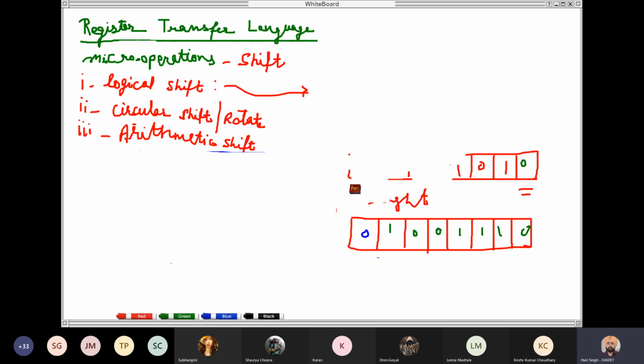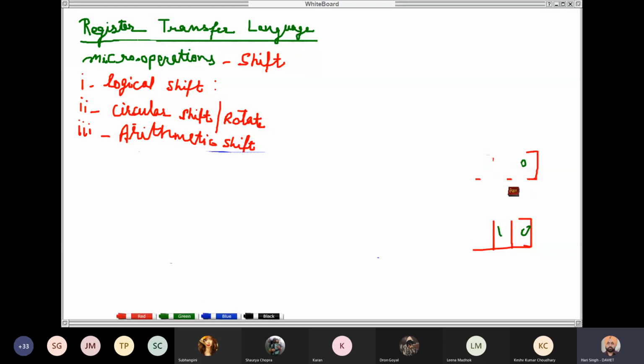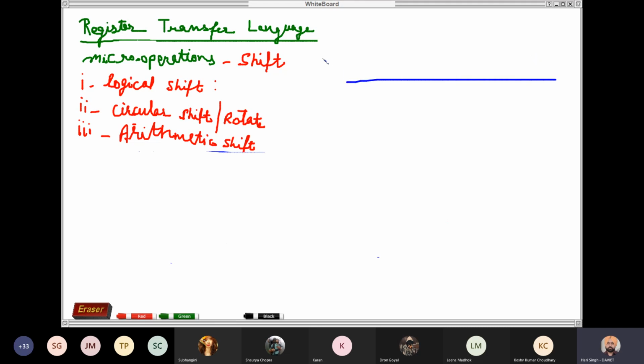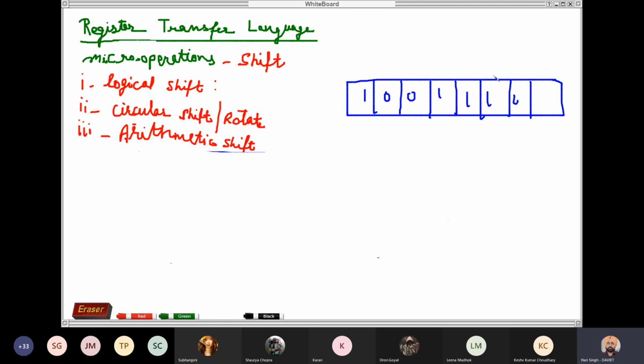Next is circular shift operation. It is very similar to logical shift operation. There is only one difference. If you consider an 8-bit register, so it is 1, 0, 0, 1, 1, 1, 0, 1.